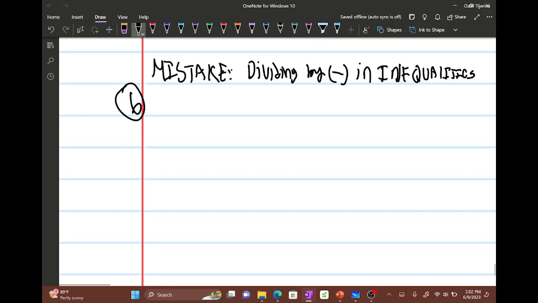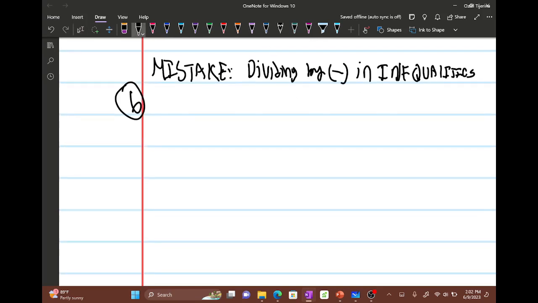I can't write today. But basically, when I, for example, have negative x minus 2 is less than 4, I want to know how to solve this, and it tells me to solve for x.